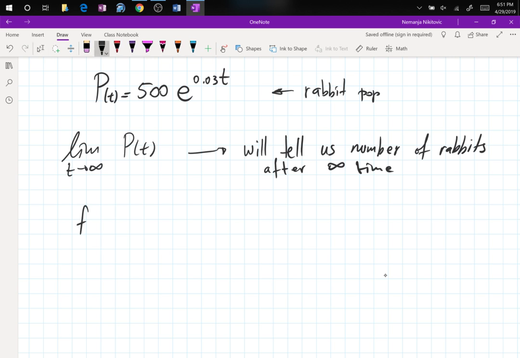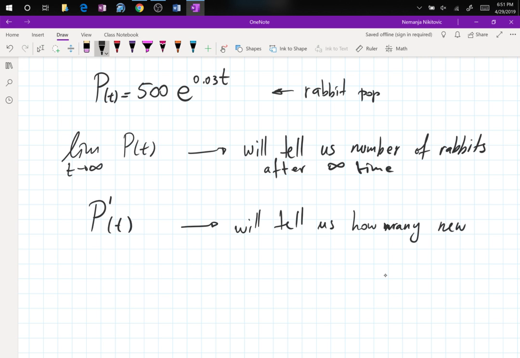The P prime of t will tell us how many new rabbits we add in a particular year.